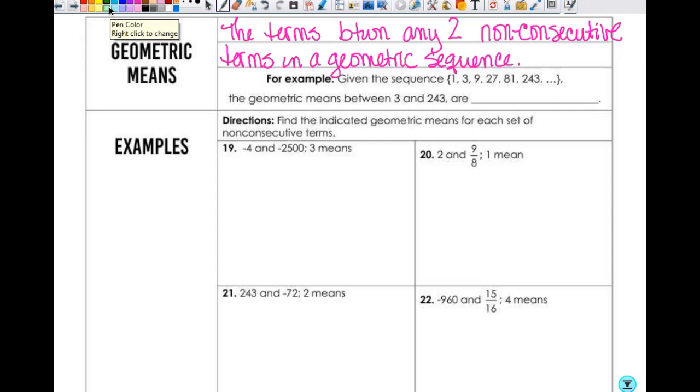So, for example, we're given this sequence. The geometric means between 3 and 243 are 9, 27, and 81.